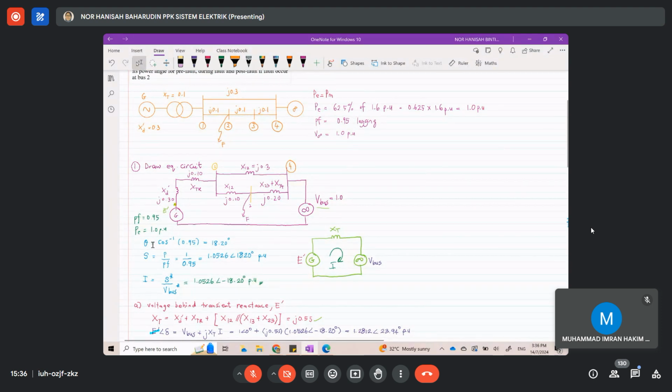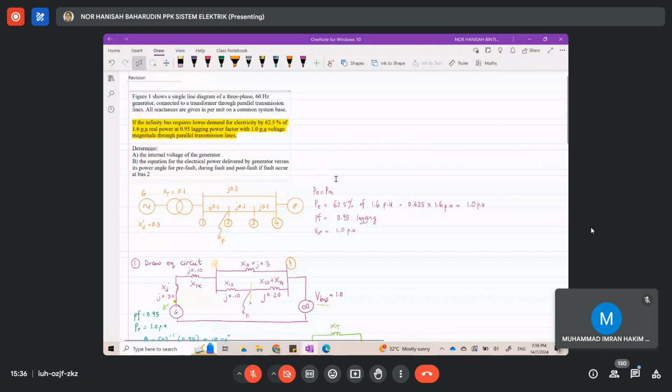Again, the same thing. Theta, from the power factor of 0.95, gives you the angle 18.2 degrees. What is the apparent power? The power divided by the power factor. How do you get your power? Your power is obtained from here, student. The electrical power supplied to the infinity bus is only 1 per unit.